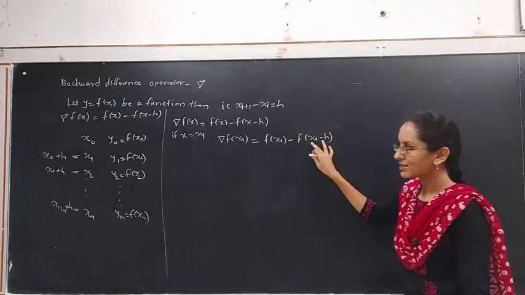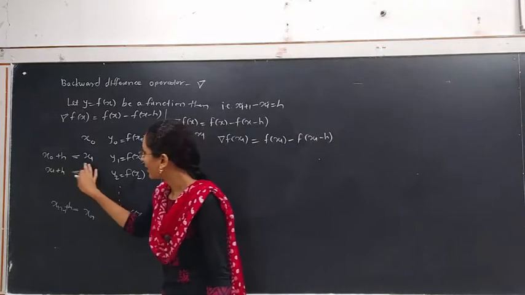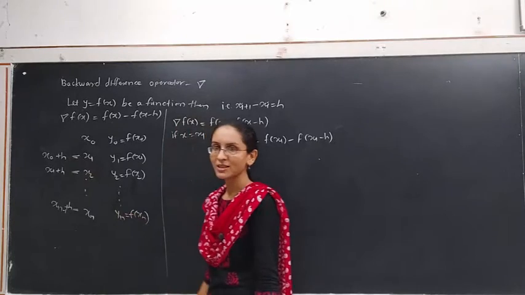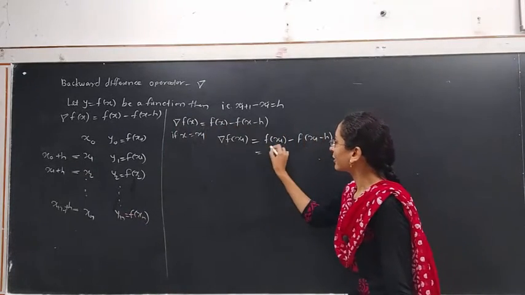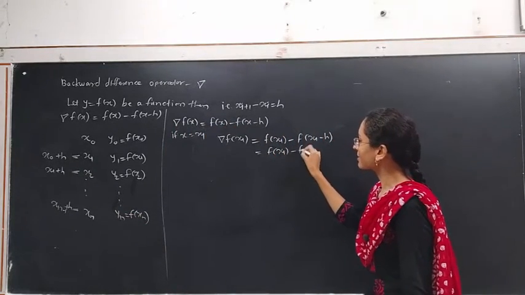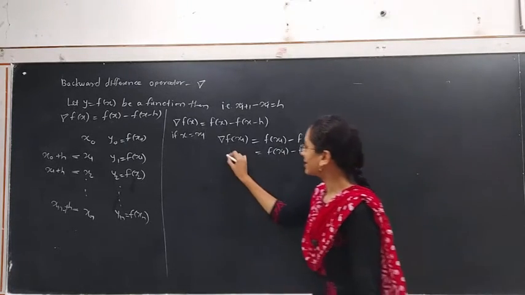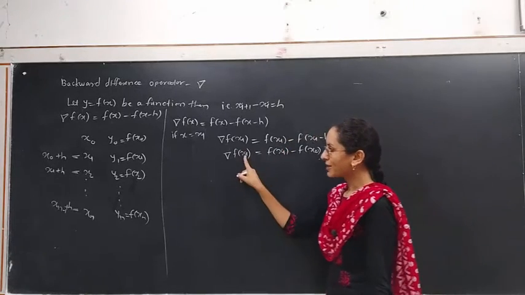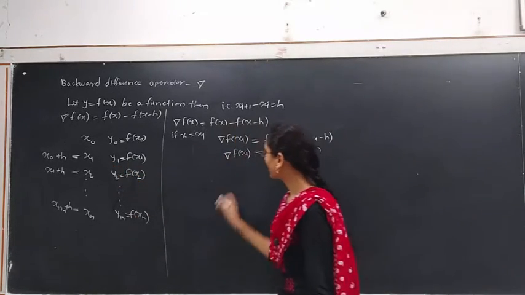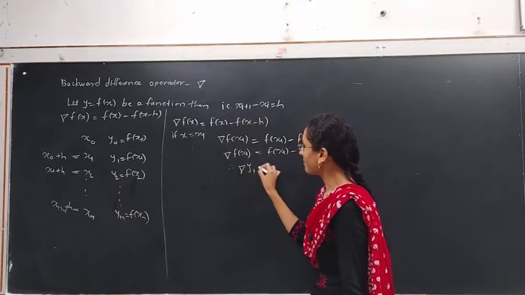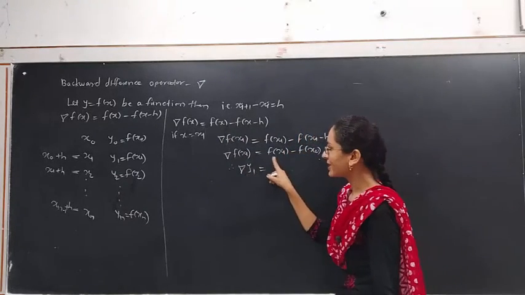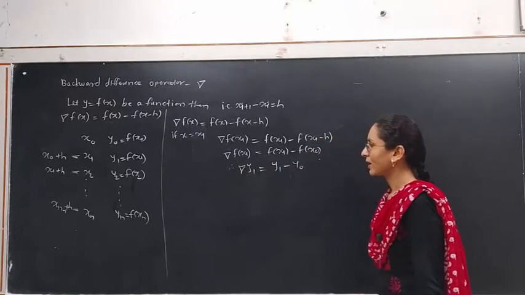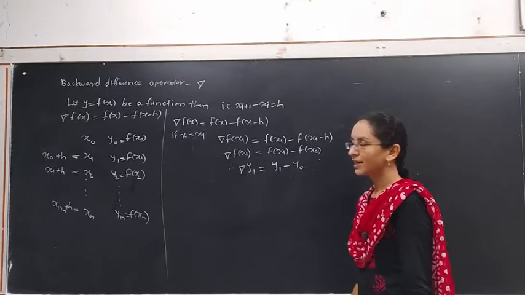But what is x1 minus h? x1 is equal to x0 plus h, hence x1 minus h is x0. This is equal to f of x1 minus f of x0. This is the value of nabla f of x1. Nabla f of x1 is nabla y1, hence nabla y1 is equal to f of x1, which is y1, minus f of x0, which is y0.